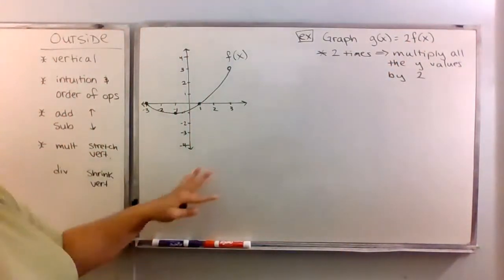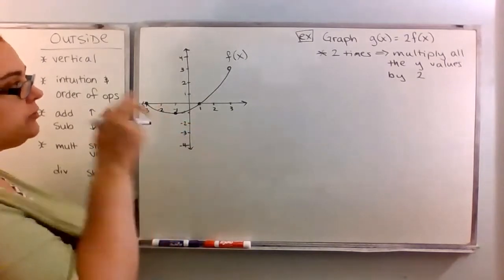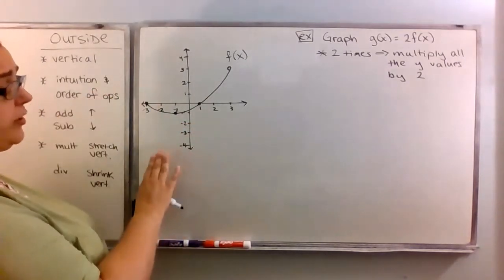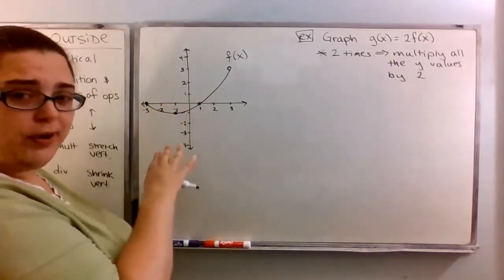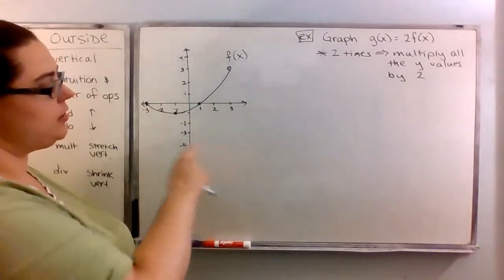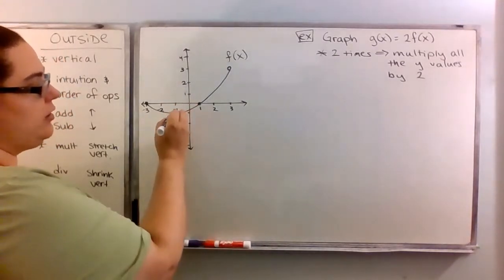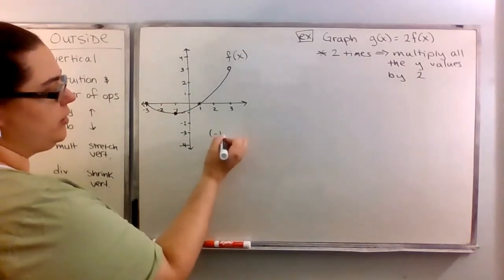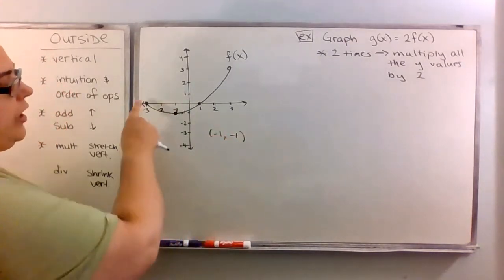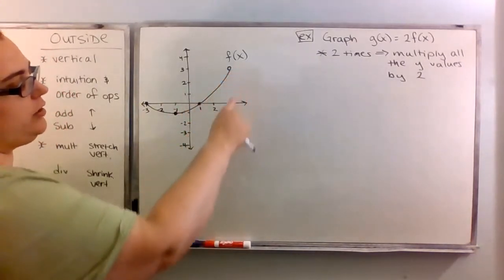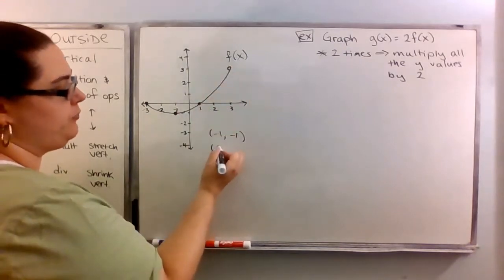So when I think about the impact that's going to have on my graph, I'm going to look to see where the lowest point is and where the highest point is. So my lowest point is here at -1, -1. And the highest point is over here at 3, 3.